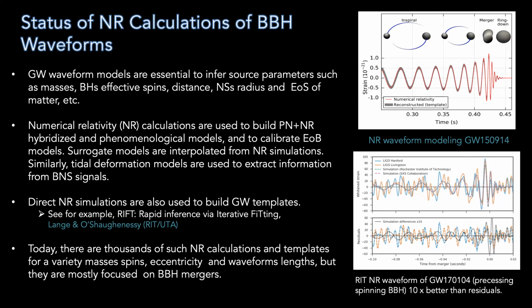So in the plot that I have here is one of the simulations that shows, for example, that a numerical relativity calculation of a source like GW170104, this is a precessing binary, is 10 times better than the residual noise in the detector. So today we're doing pretty good in terms of using our calculations to interpret the results.